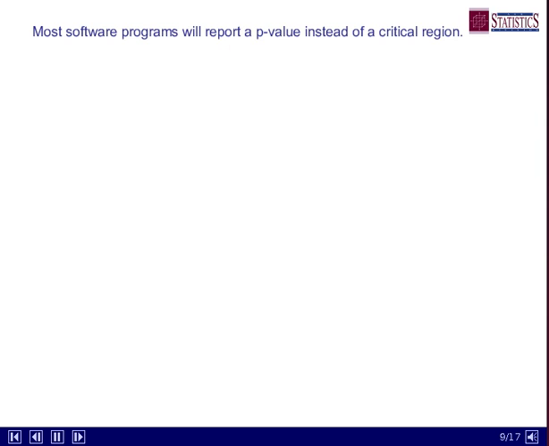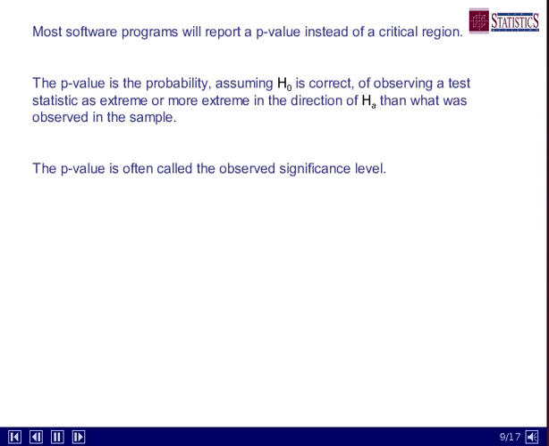Now, most software programs, on the other hand, will use a p-value instead of a critical region. The p-value has kind of a long definition. It's the probability, assuming H0 is correct, of observing a test statistic as extreme or more extreme in what direction, the direction of the alternative hypothesis, than what we actually observed in the sample.